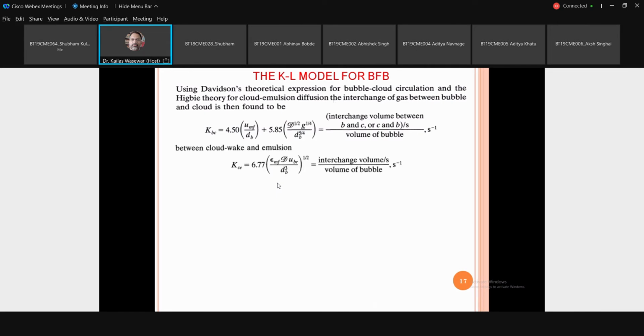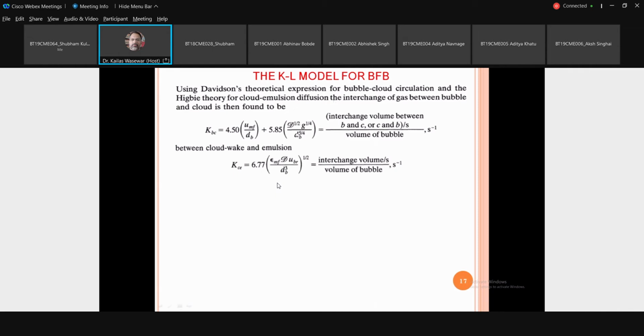Generally, these mass transfer coefficient calculations are mostly empirical, based on certain experiments performed. So using the Davidson theoretical expression for bubble-cloud circulation and the Higbie theory for cloud-emulsion diffusion, we can find the mass transfer coefficients for bubble-cloud and then cloud-emulsion. So these are the two equations that generally we have to use.